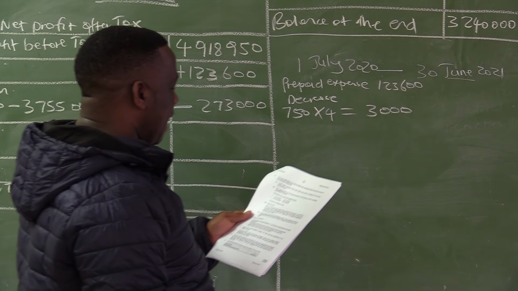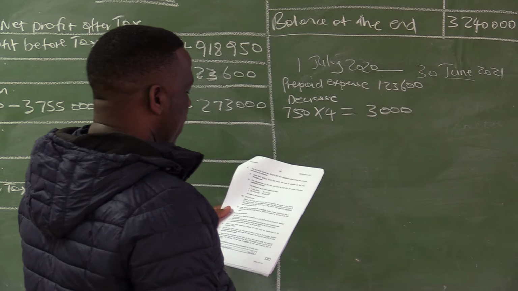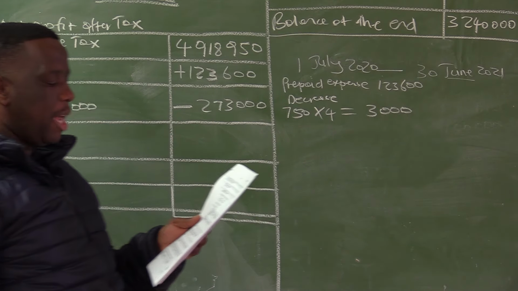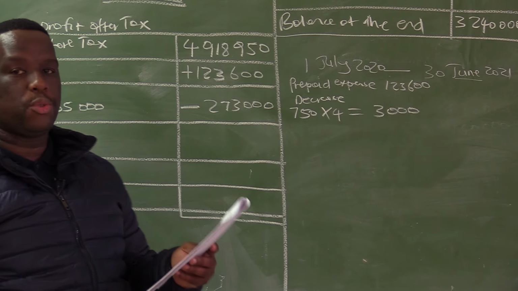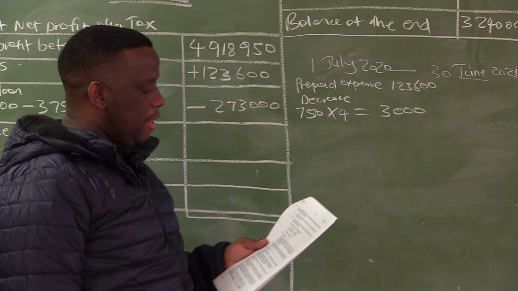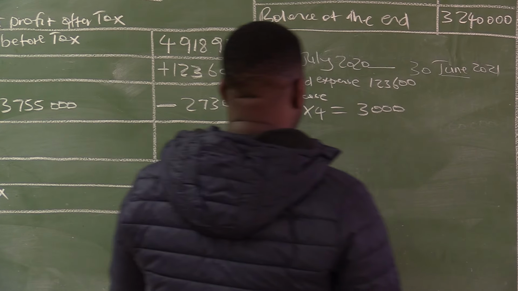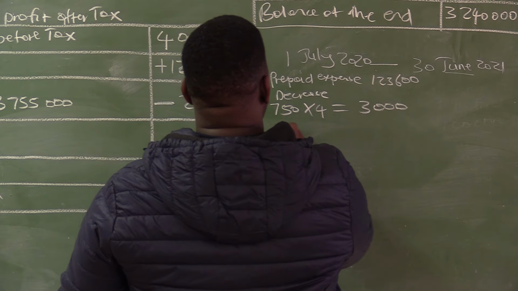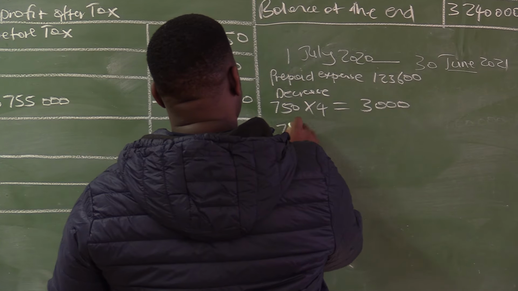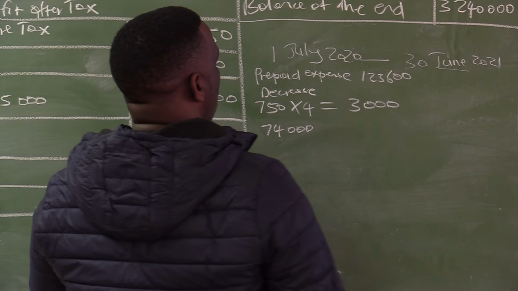So the total amount of rent received, counting the months from the 1st of July 2020 up to 31 August 2021, is 14 months. So rent has been received in advance for 2 months, because that is 14 months. The total amount for rent is 74,000, and there was a decrease of 3,000.